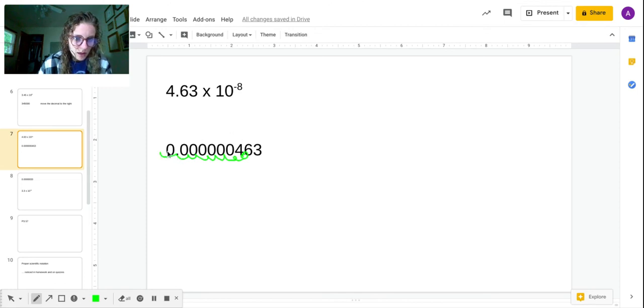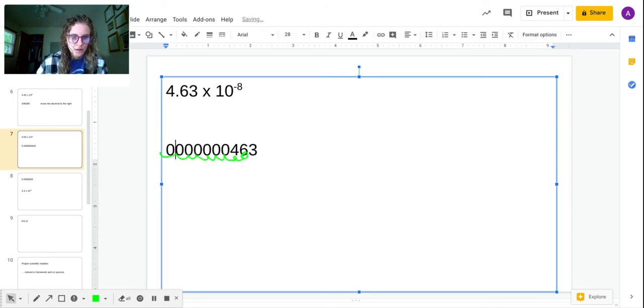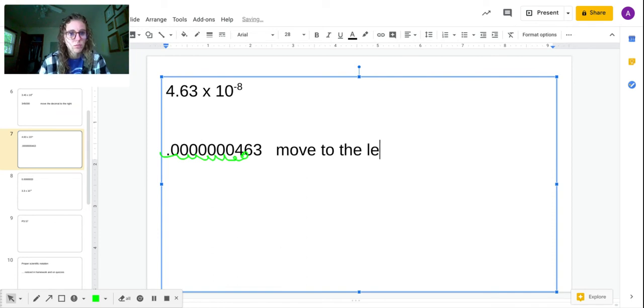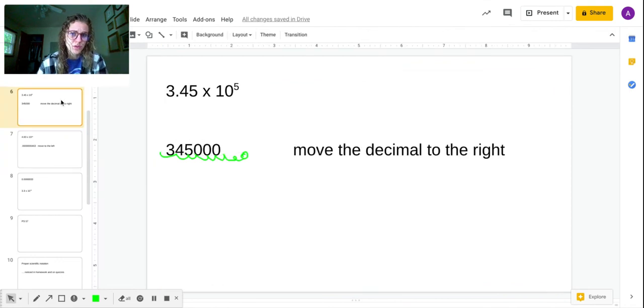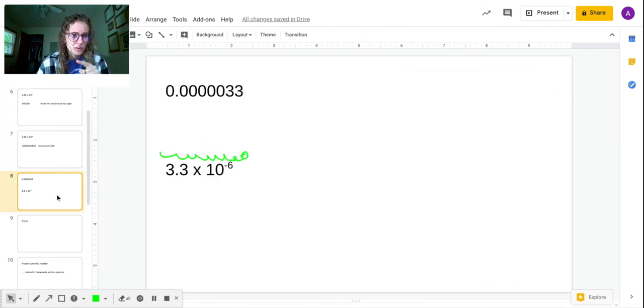We're going to move it 8 places, so I need to fix my things. If I put the decimal point right here, we move it over 8 to the left, so for negatives, we move to the left. When we have a positive, we move to the right. When we have a negative, we move to the left.